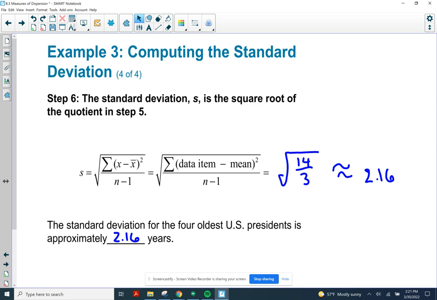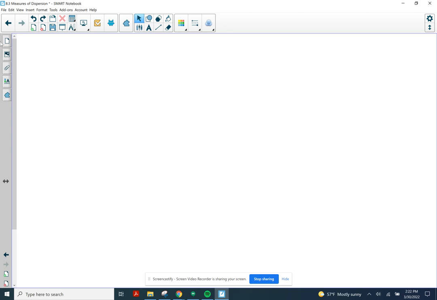On average, how far each data item is from the mean. So it's a measure of how far our data spreads from the average. That's really what it is. It's a measure of how far the data is spread or dispersed from the mean. And that is the end of our notes.